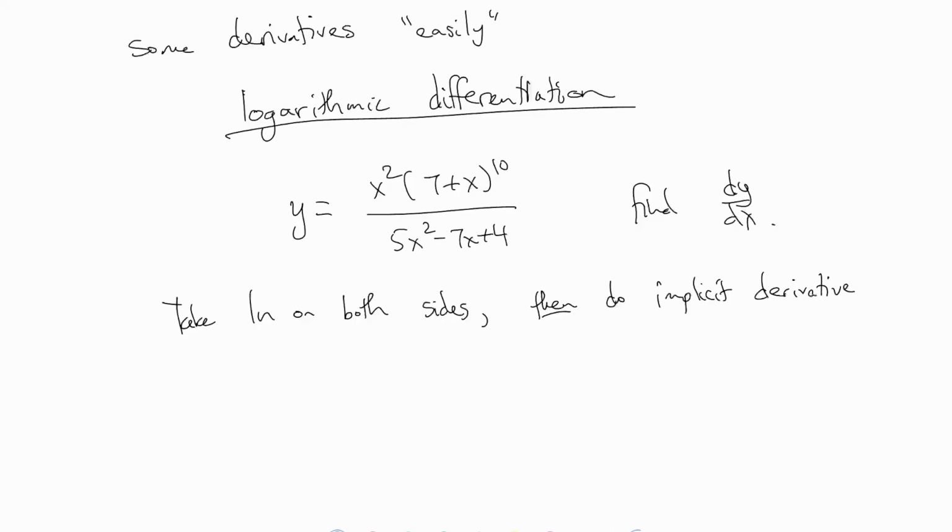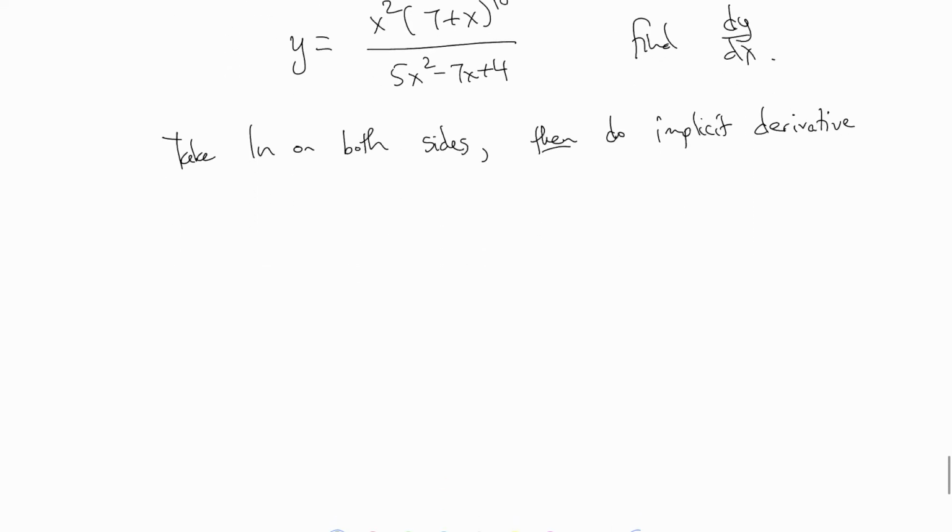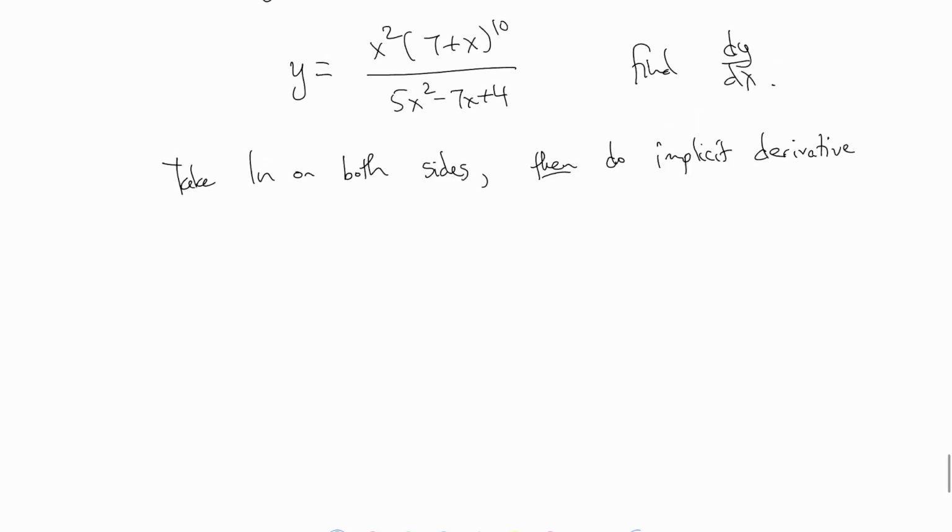First, take the log on both sides: ln y on the left, and on the right, ln of all of that business. Then do the implicit derivative.